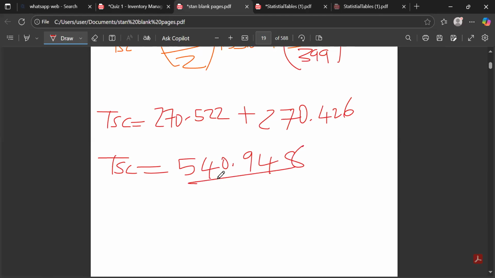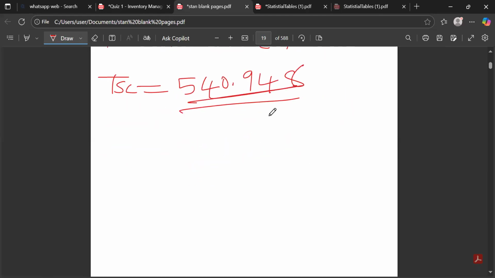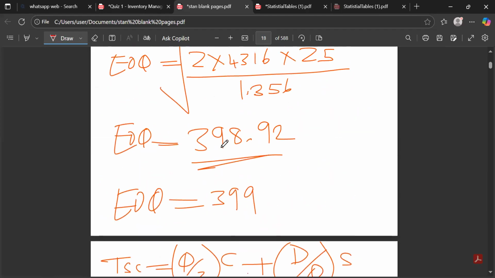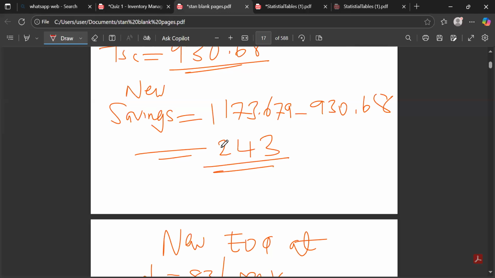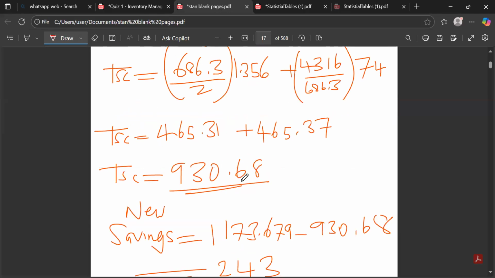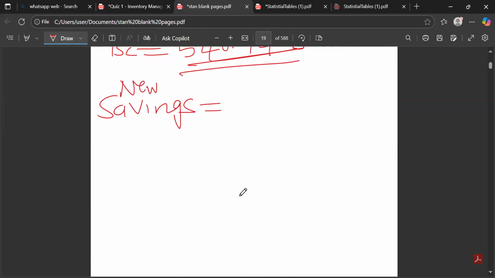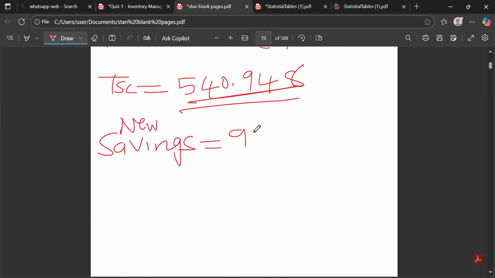540.948. So our new savings will be equal to 930.68 minus 540.948.